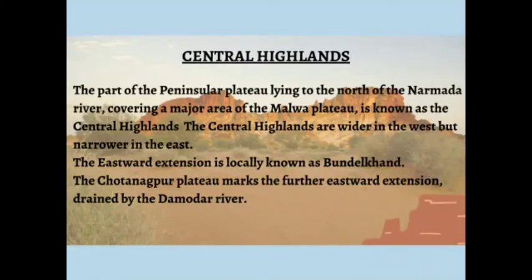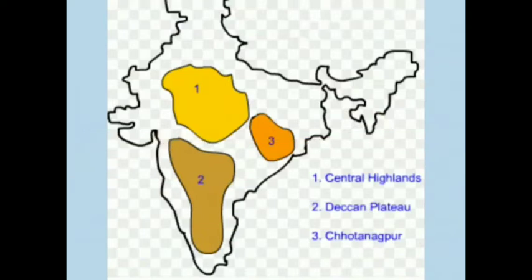The eastward extension is called Bundelkhand, and the further eastward extension is called Chota Nagpur Plateau, which is drained by Damodar River. If you have a closer look at this map, you can easily see 1, 2 and 3. 1 is Central Highlands, 2 is Deccan Plateau that we will see in the next slide, and 3 is Chota Nagpur Plateau. So at present, for Central Highlands, we are talking about 1 and 3.